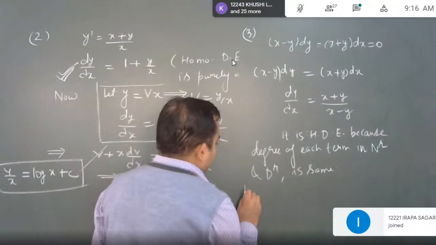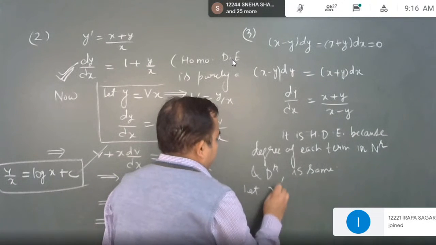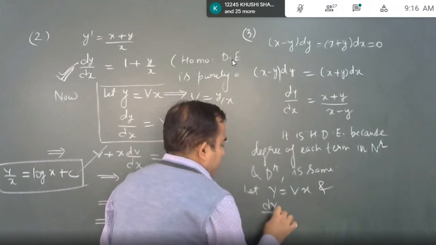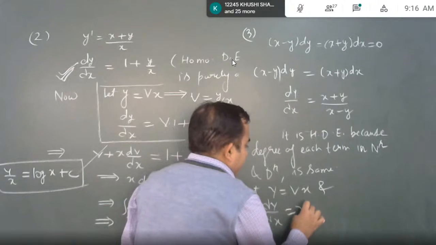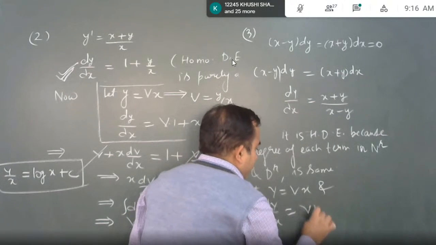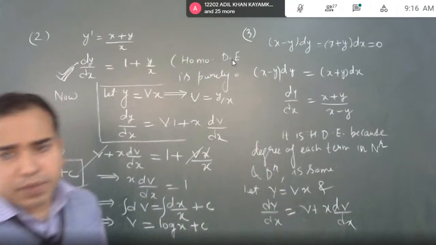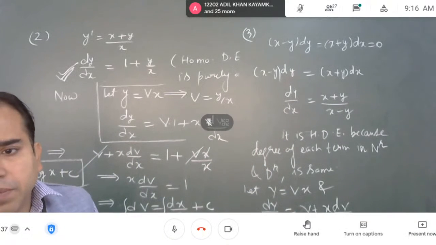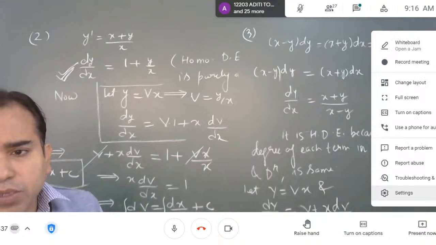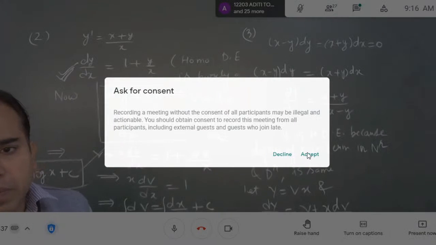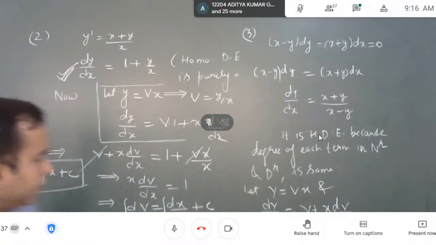So let us substitute y equal to vx and dy upon dx equal to v plus x dv upon dx, right? So let us make the substitution.